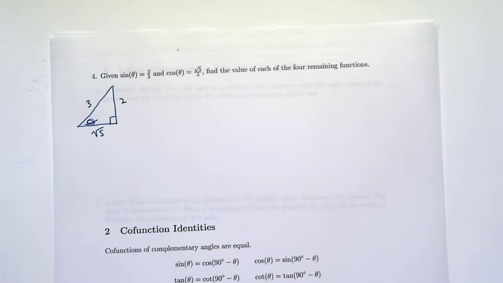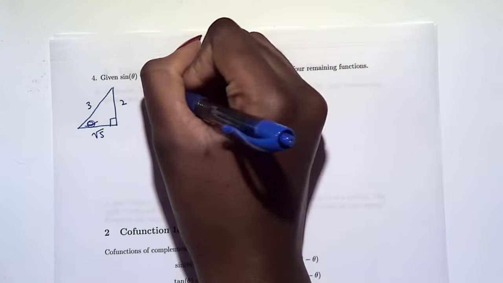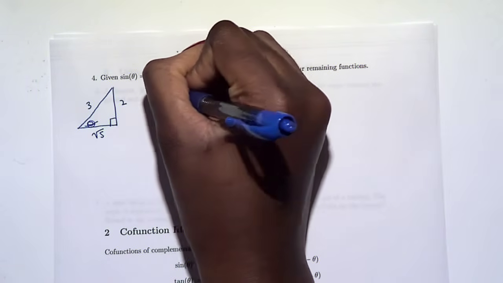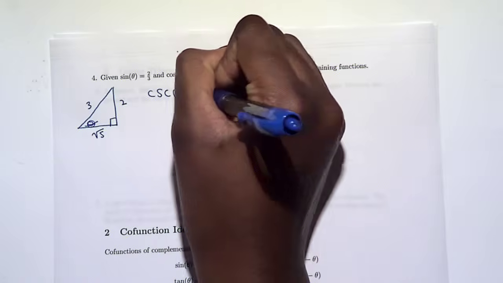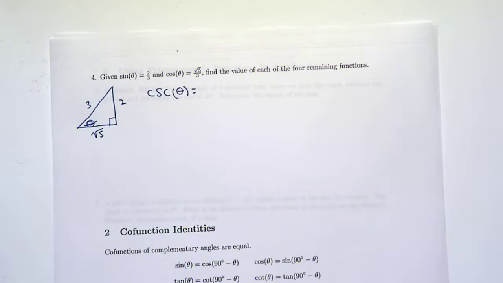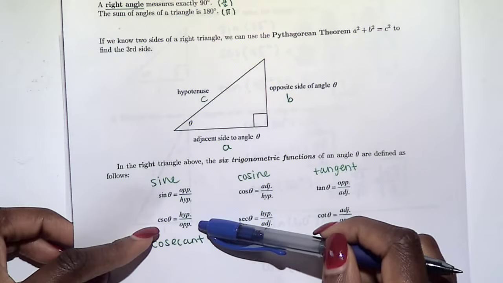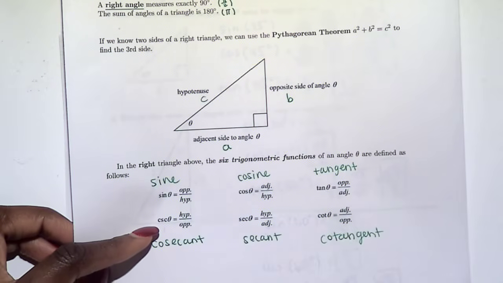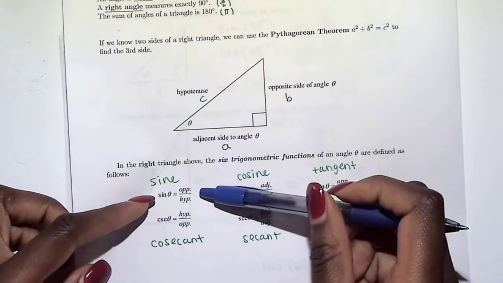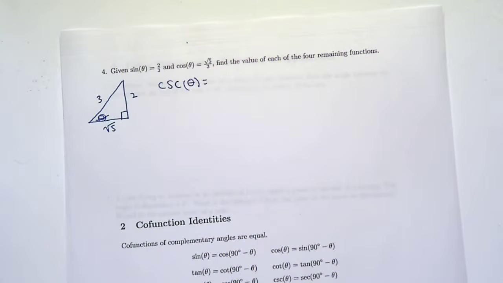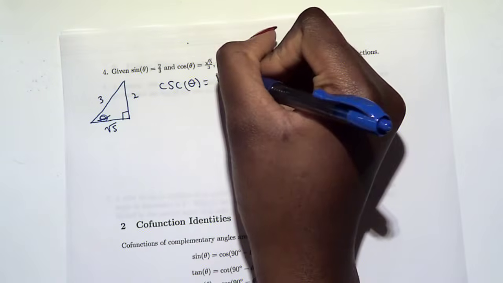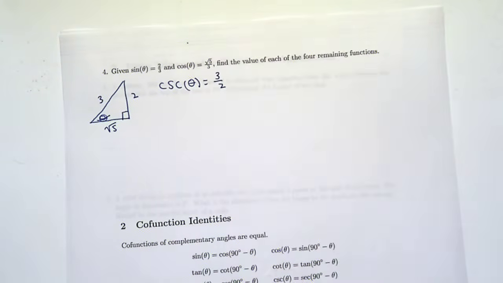So let's start with cosecant theta. There are a couple ways we could do this. We could remember that cosecant is hypotenuse over opposite, or we can remember that it is the reciprocal of sine theta. So either one, the reciprocal of sine theta is 3/2.